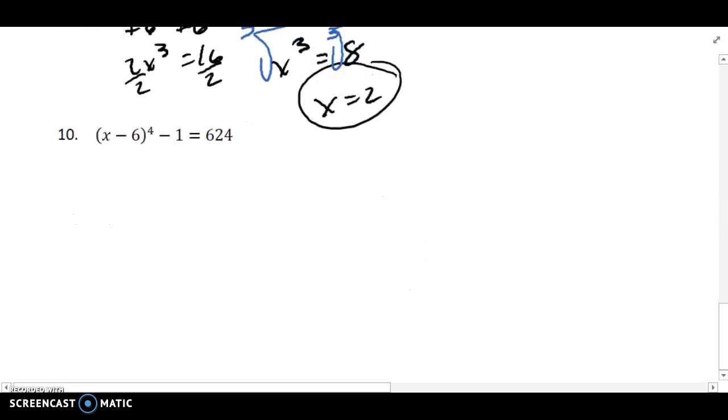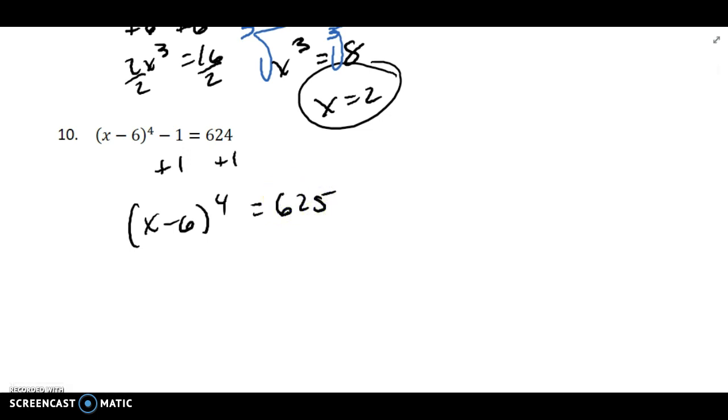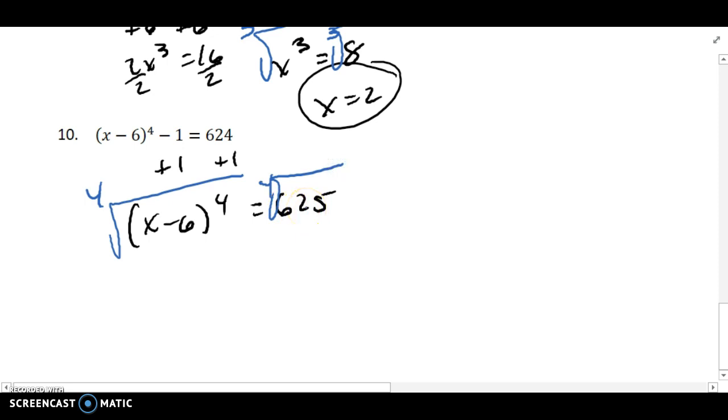Number 10, same thing, we're going to get the power alone, so I'm going to add 1 to both sides. x minus 6 to the fourth is equal to 625. And then again, since the power's all alone now, we can root it to the fourth so that the power and the root cancel. So notice roots and powers are opposites here.